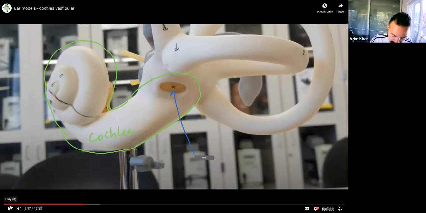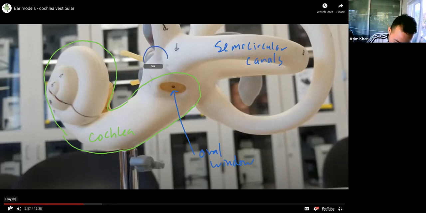The one on this side, this is the oval window. You can see the semicircular canals here. You can barely see the utricle and saccule. You see one bulge here and another bulge here.